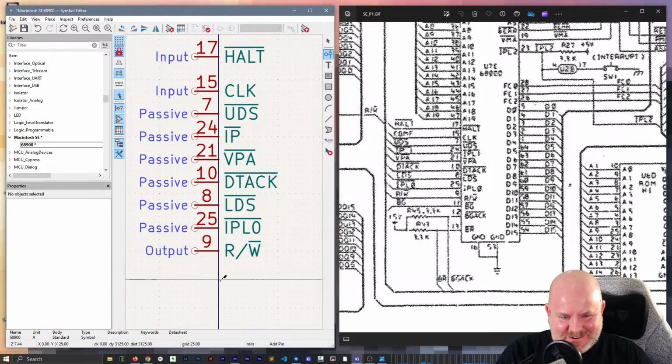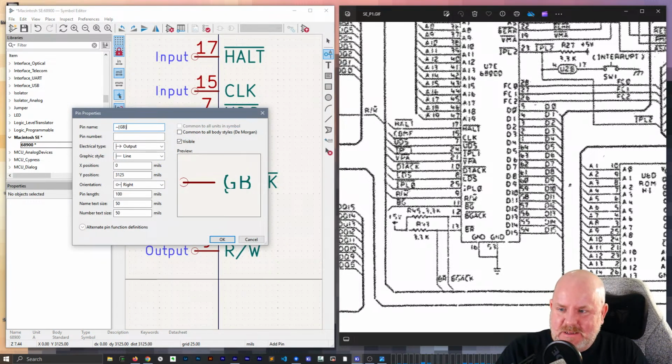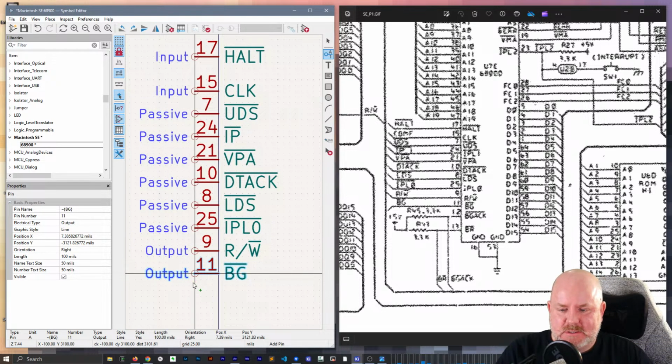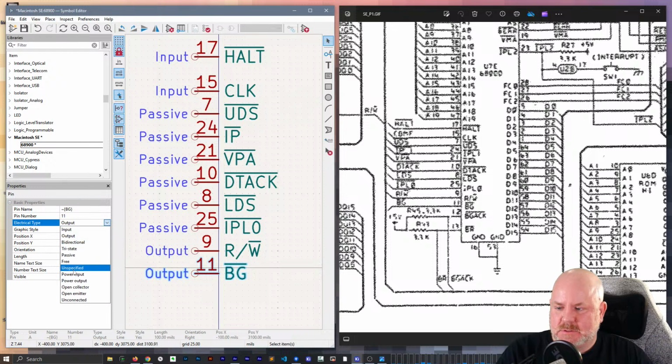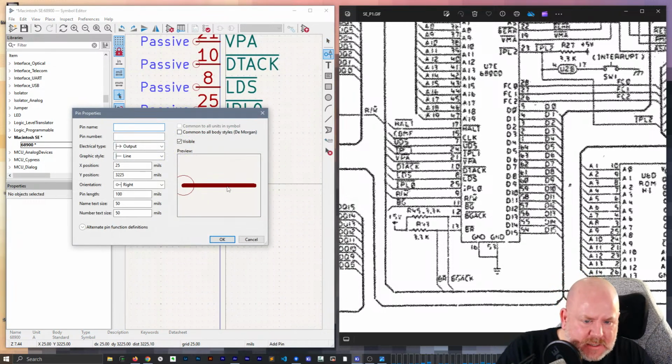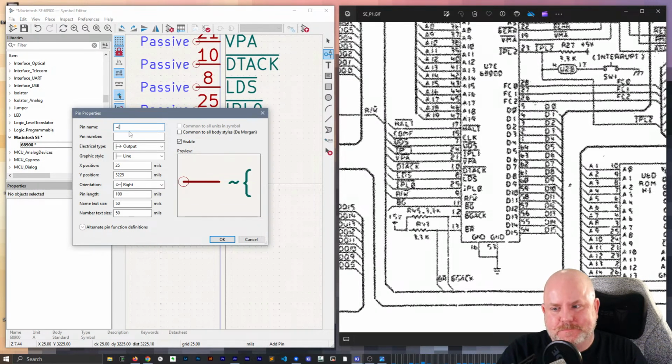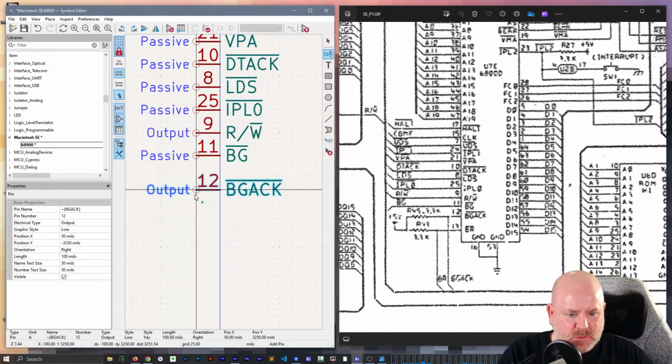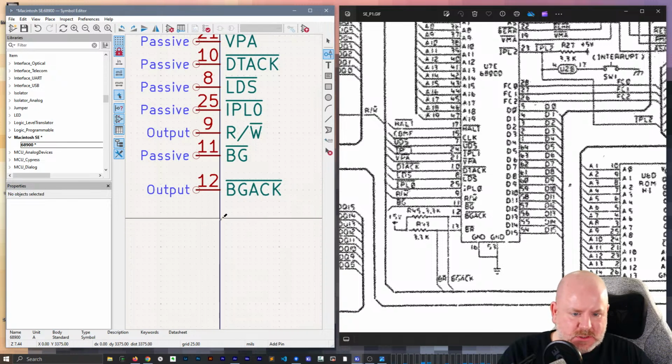This is going to be so fun. BG 11. All right. Oh, I'm going to put that back to passive. Okay. And let's see. BG-AC. So I wonder what BG means. This is a processor that I'm not familiar with, so that makes things a little more interesting.